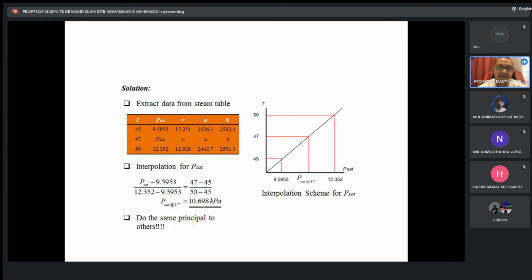The answer is 10.698 kilopascal. This is P saturated for 47. When you check here, 10.698 kilopascal is between 9 and 12, so the answer is logical and acceptable. Do the same principles for the others. That is how you make the interpolations.